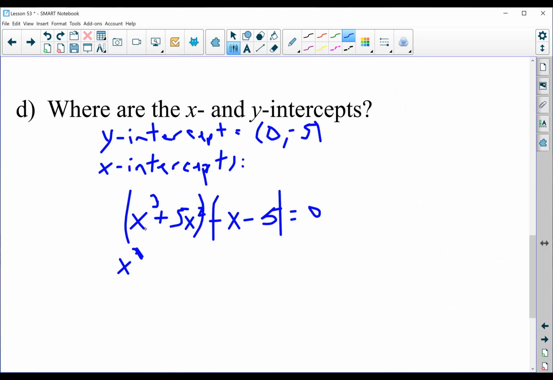And we'd be left with x plus 5. Is there a common factor in negative x minus 5? Yeah. Minus 1. x plus 5 equals 0.